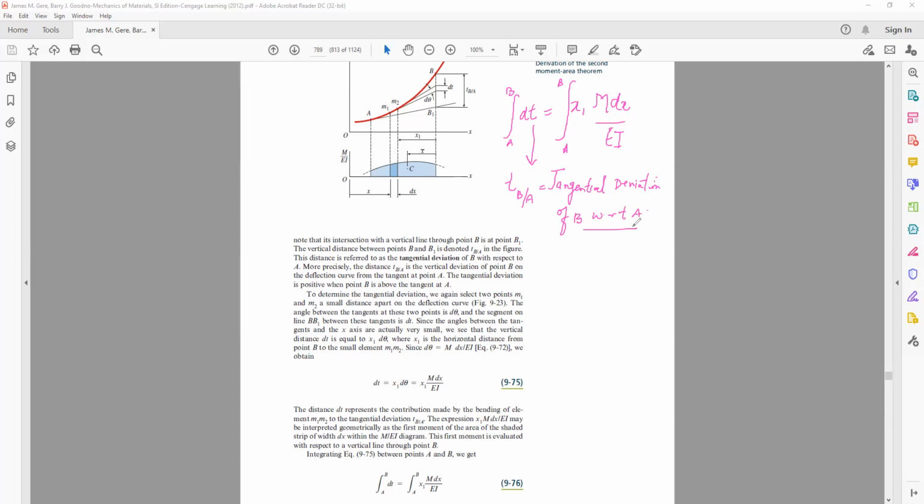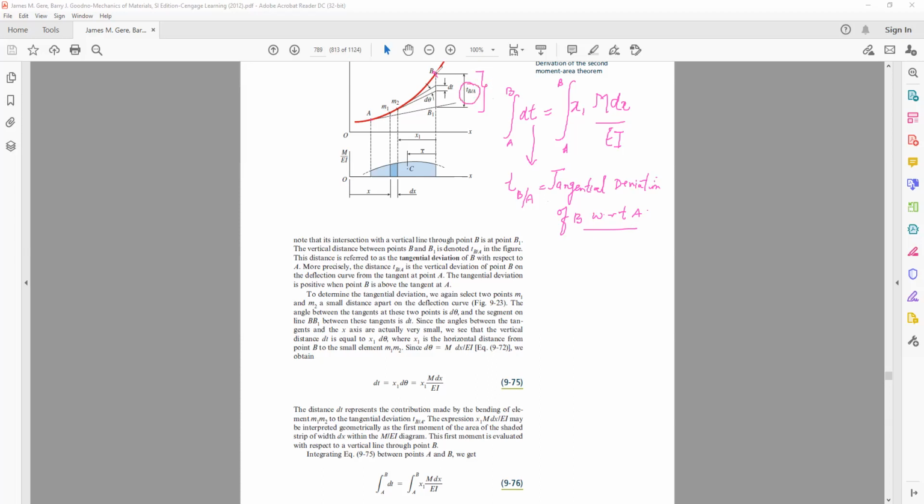Now, this is something that we have to keep in mind, that t B by A is the tangential deviation of B with respect to A. Fine. So where is this t B by A first of all calculated?